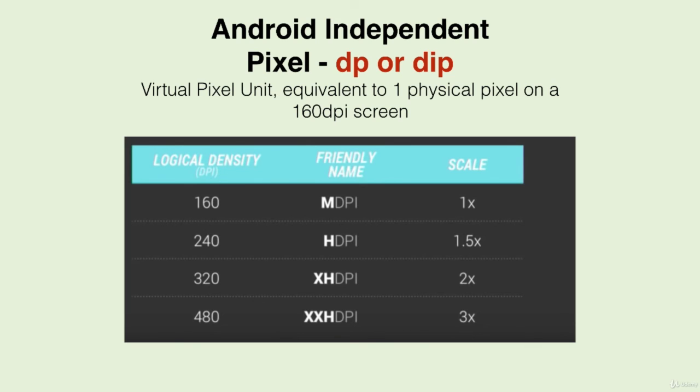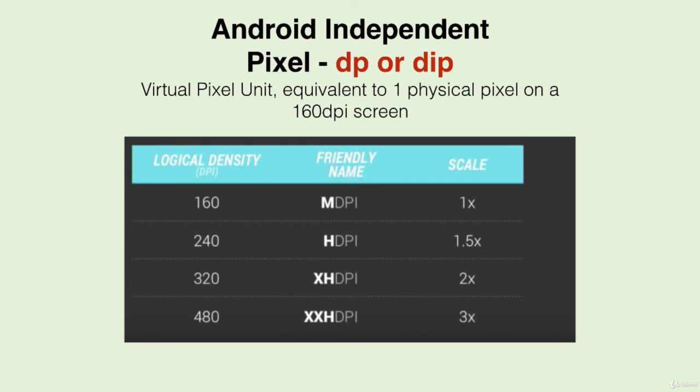So it makes the sizes of our user interfaces uniform across all different Android devices. Hence the independent in the name, because we call this Android independent pixel.